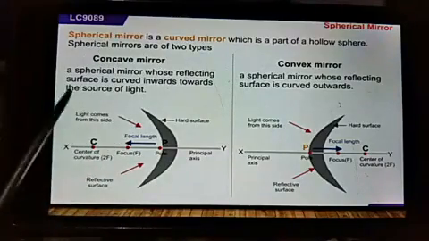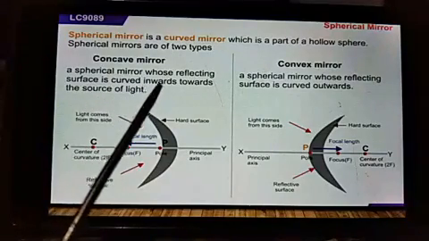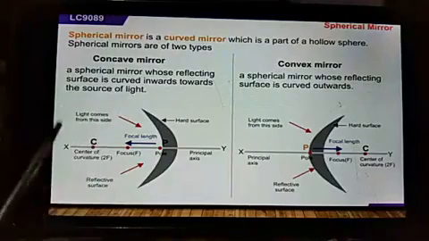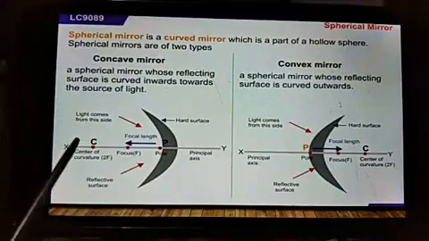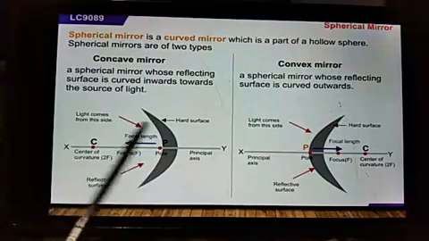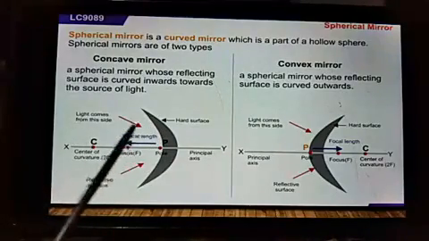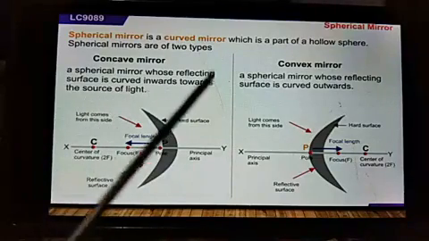First of all, concave mirror. A spherical mirror whose reflecting surface is curved inwards towards the source of light. If there is a source of light, then the source of light is striking the mirror here. Reflection takes place from here. So this part, that is the part which is curved inside, is the concave mirror.